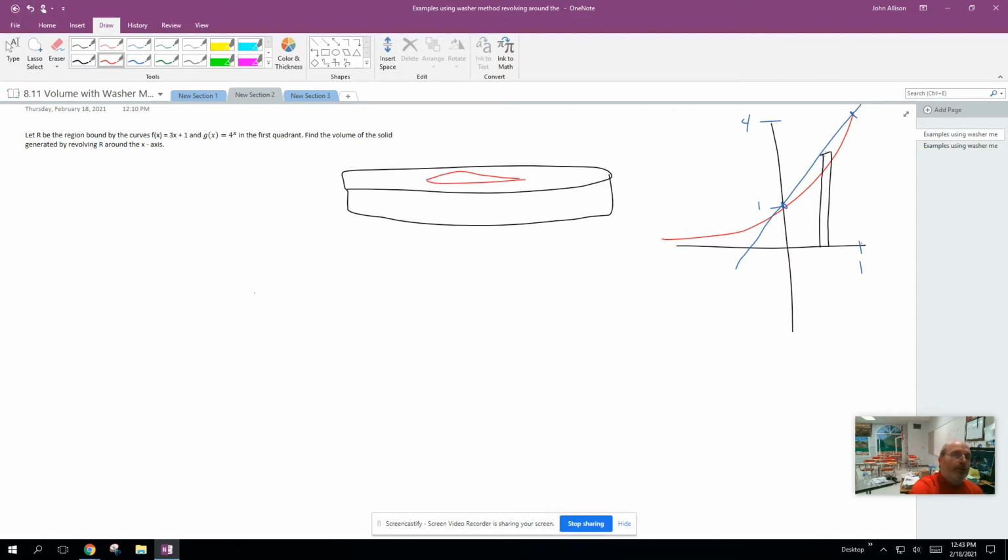So to start with, we're going to have that outside disk. And that is going to be height, f of x, and width, dx. So the dimensions of this, when I revolve it around the x-axis to get my disk, the radius is going to be f of x.